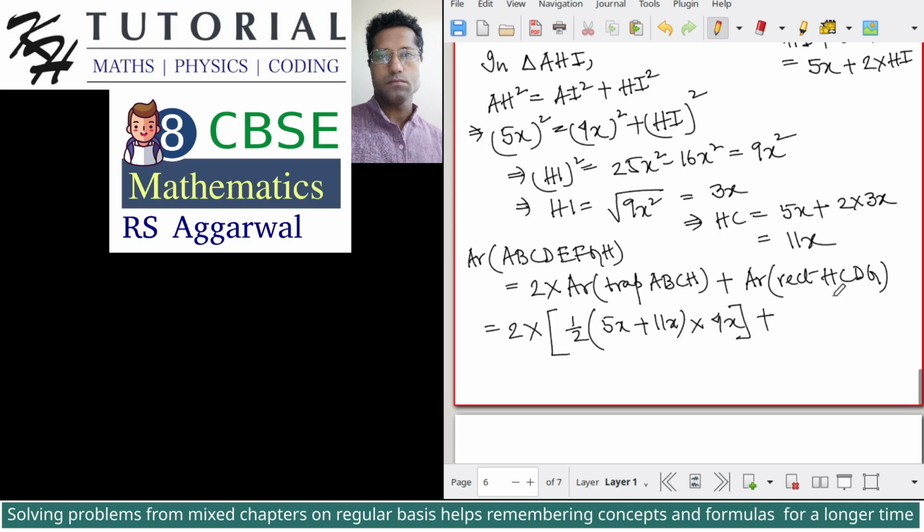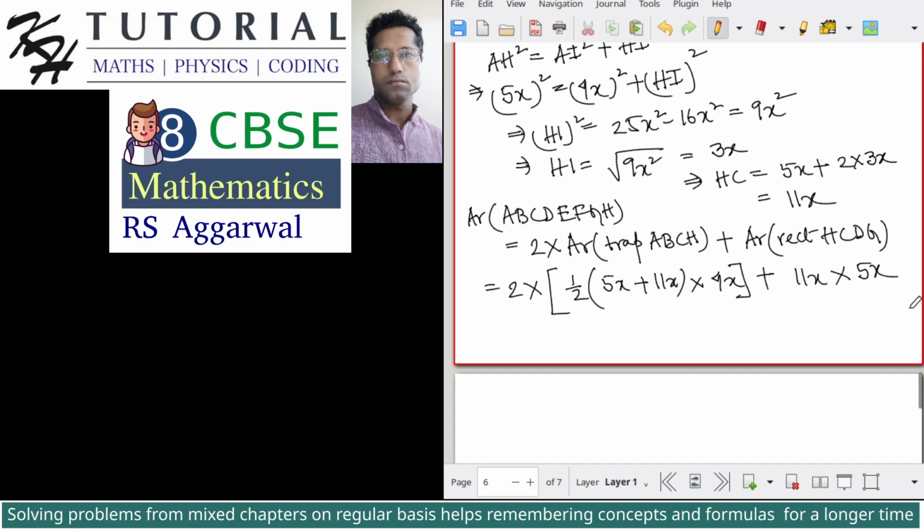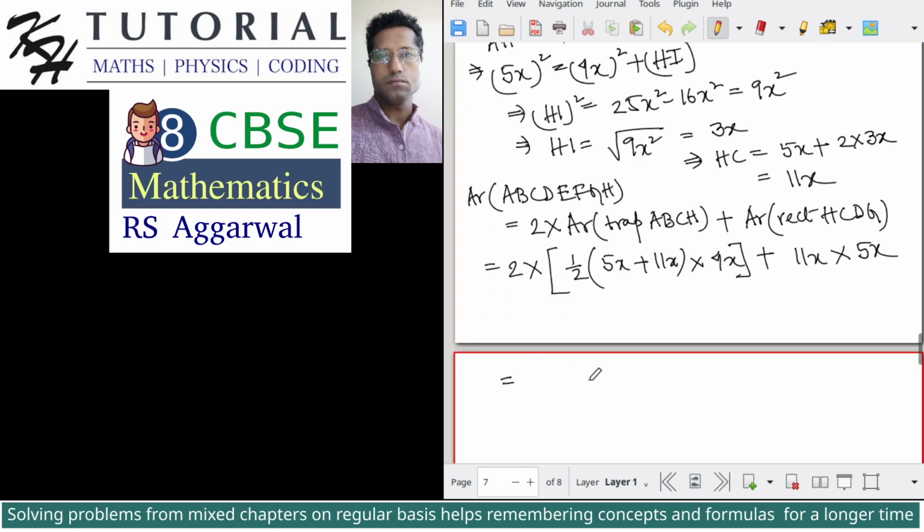And what is the area of the rectangle? The length is 11x, and the breadth is each side of the polygon, that is 5x. If I simplify this, we have 2 into half into 16x multiplied by 4x plus 55x square.